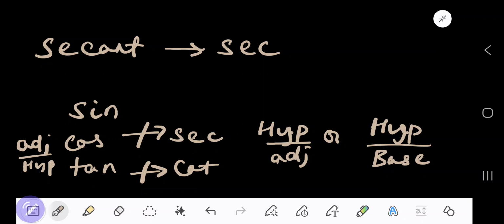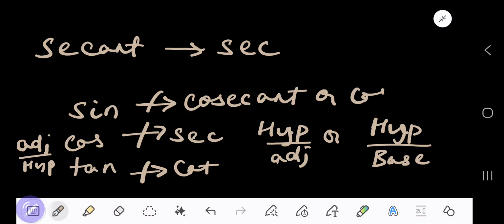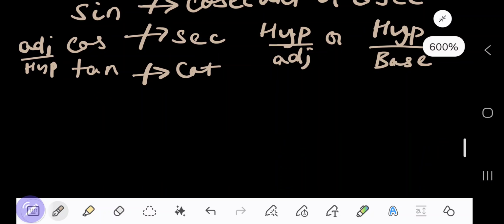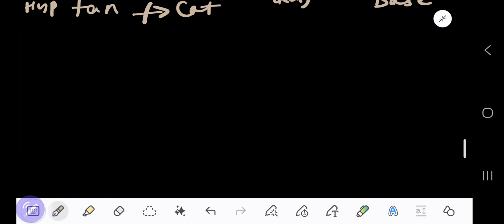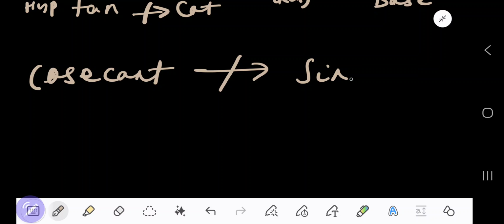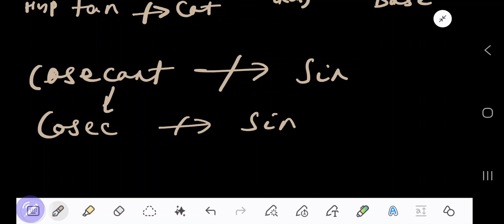Alright, so now you might be wondering, what's the opposite of sine? Our last trigonometrical ratio, cosecant or cosec. So cosecant is the opposite of sine, short is cosec for cosecant.